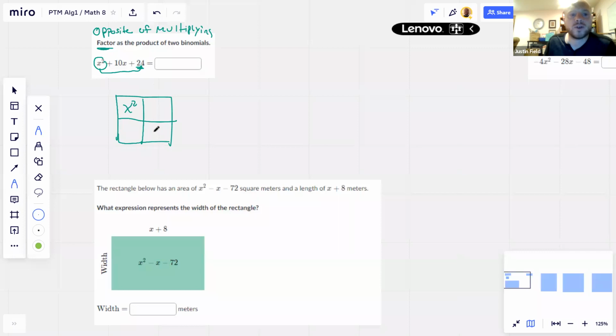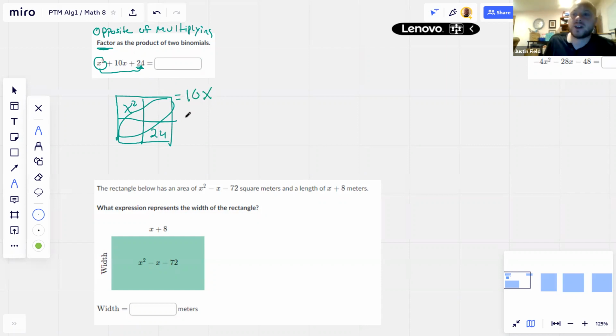We put the 24 in the last box, and again, that will be familiar to you if you did the multiplying. And then the 10x, where does that come from? That is the combination of those 2 boxes put together.